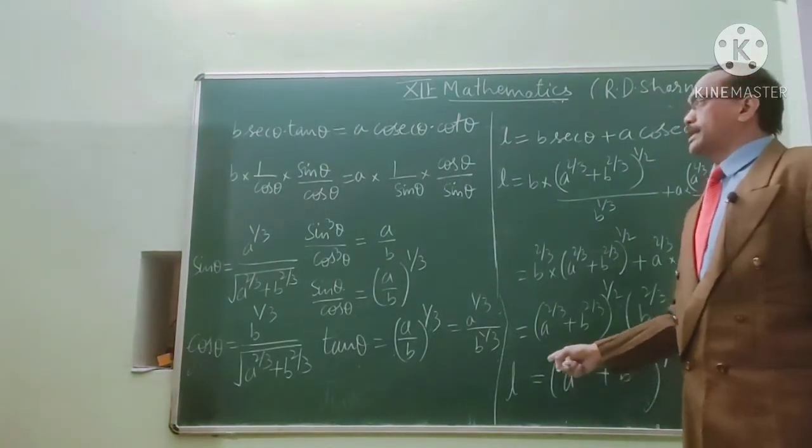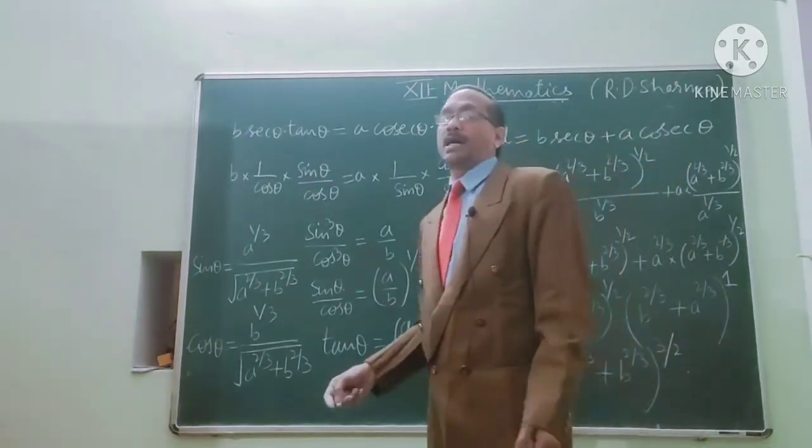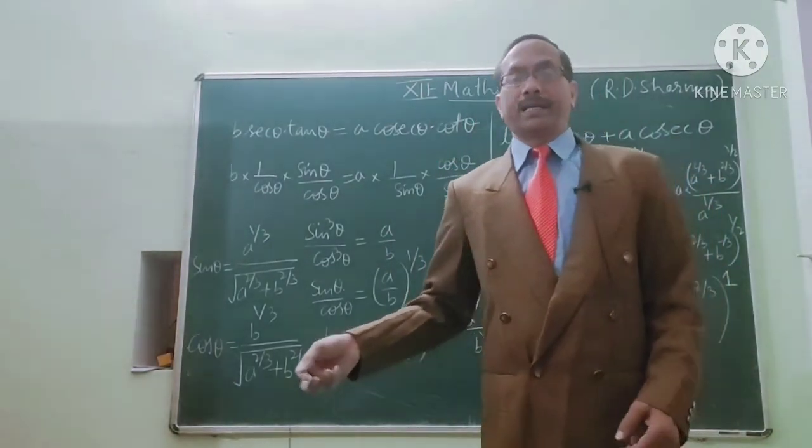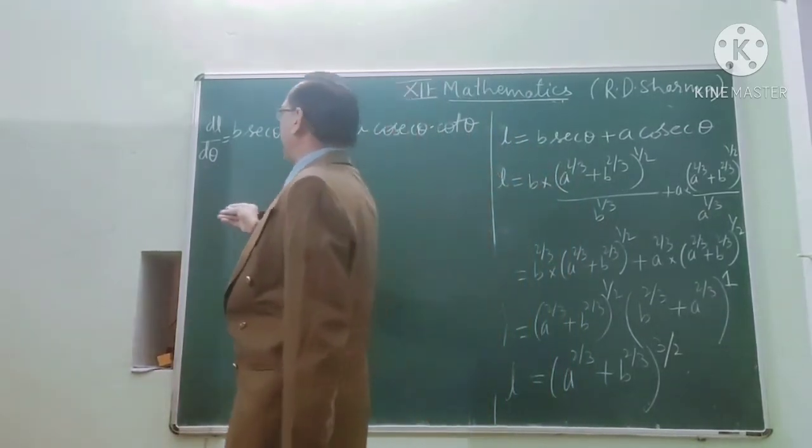Now we will check that this length is minimum. So we will differentiate dL/dtheta once again, and that should be positive. Students, now we will find the second order derivative.